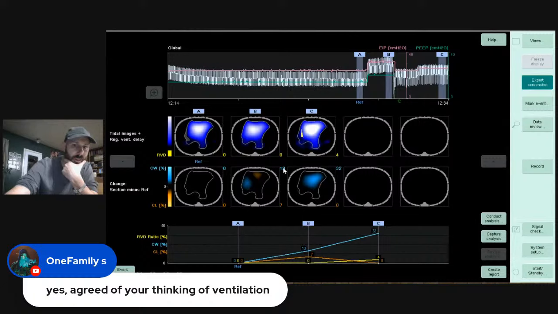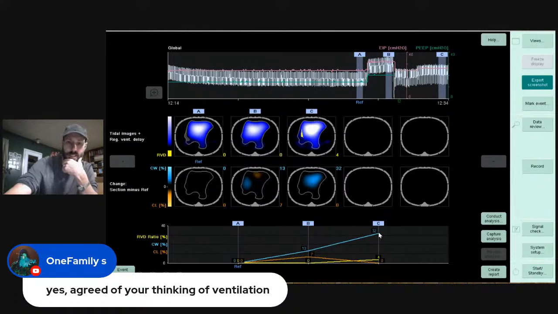I'm getting a little bit of increased compliance here and a little bit of decreased compliance there. So I decide, okay, let's see if we can try APRV. If pressure is not working, then maybe we need pressure over time. So let's put APRV on.